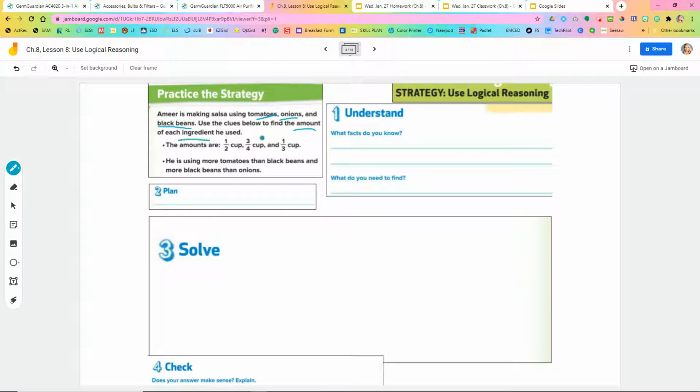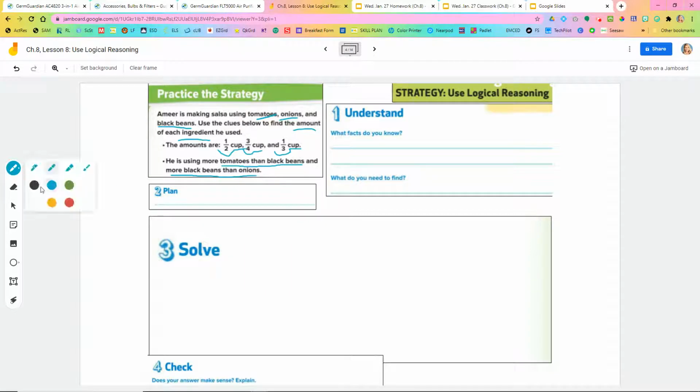So we've got to match the ingredients to the amounts. All right, first it tells me my amounts are 1/2, 3/4, and 1/3. And then it starts telling me a little breakdown about the amount of my ingredients. He is using more tomatoes than black beans and more black beans than onions.